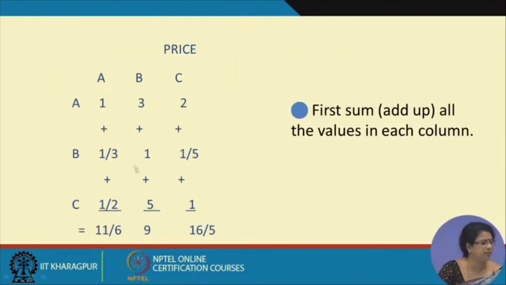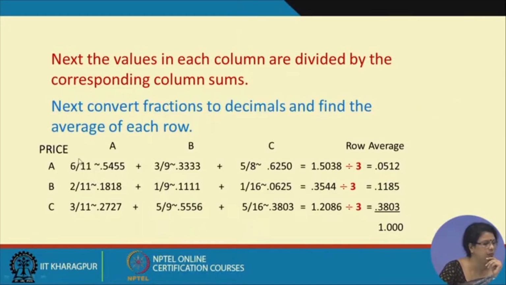You see the previous table: 1 divided by 11 by 6 becomes 6 by 11. 1 by 3 divided by 11 by 6 becomes 2 by 11. 1 by 2 divided by 11 by 6 becomes 3 by 11. So we have 6 by 11, 2 by 11, 3 by 11.